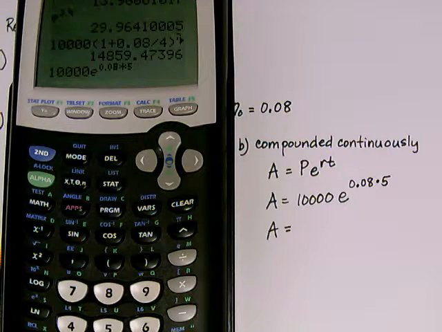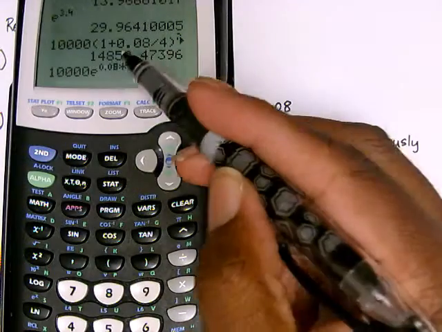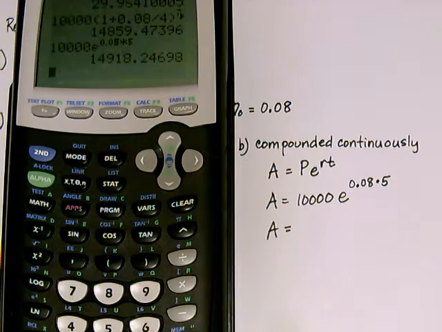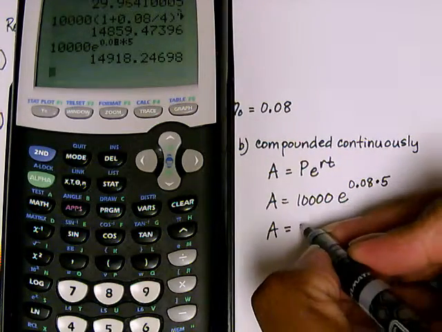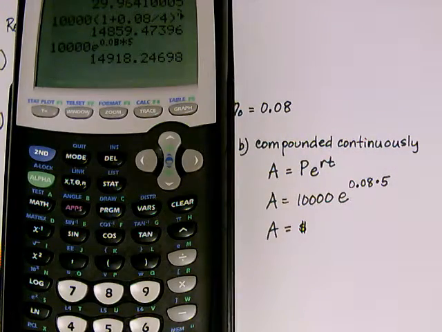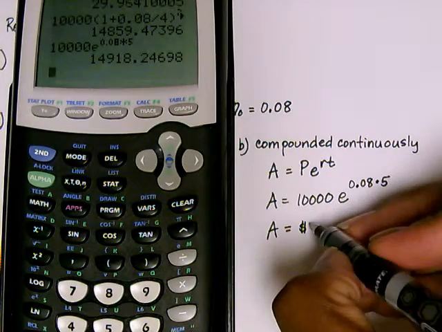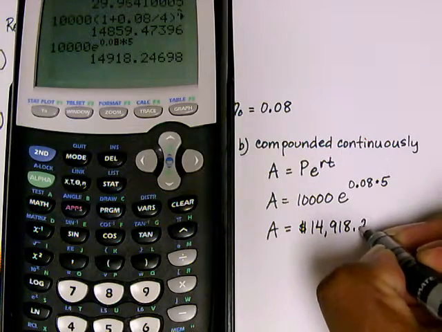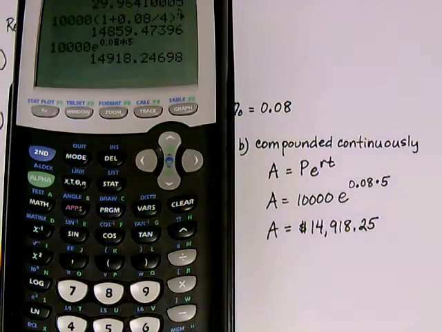Now for those of you who have the older calculator, you might have to close your parentheses around that 0.08 times 5. And then go ahead and press enter. Now again, we're going to round this off to 2 decimal places, so this will be $14,918.25.